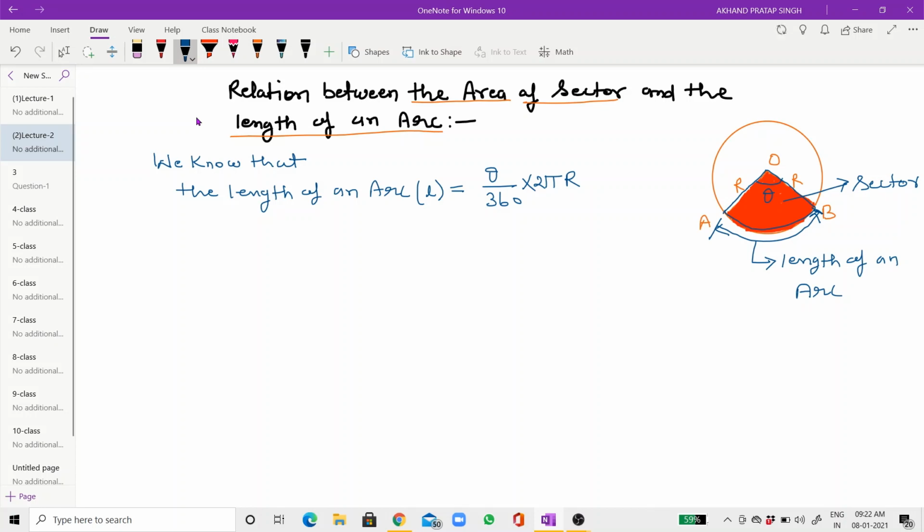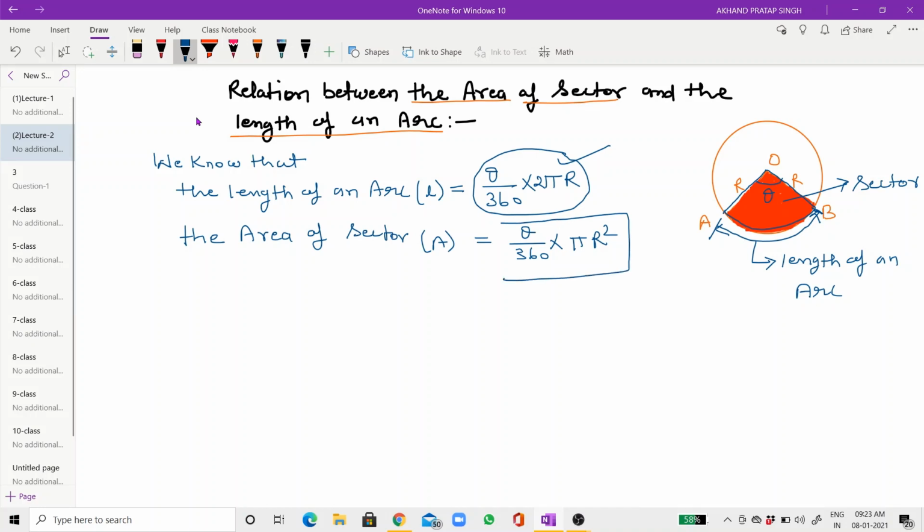If you want to know how this expression comes, then you can watch my previous video, in which I explain each and every thing about this expression in detail. And the area of sector, capital A, is equal to theta upon 360 into pi r square. If you have any confusion about this expression, you can watch my previous video.